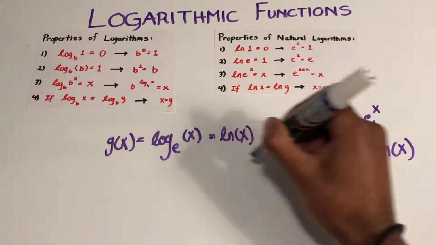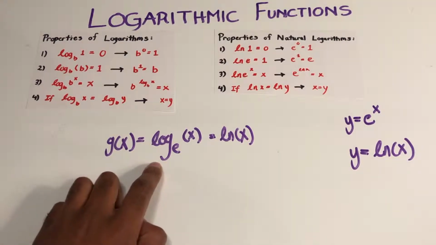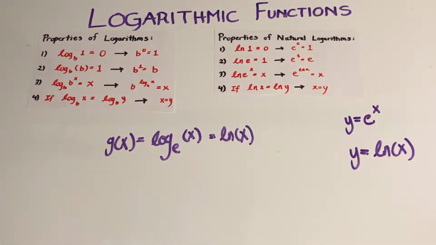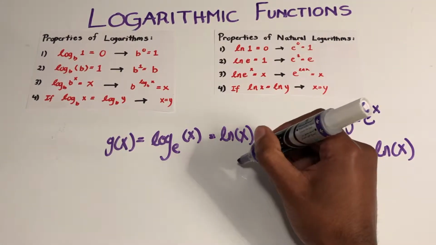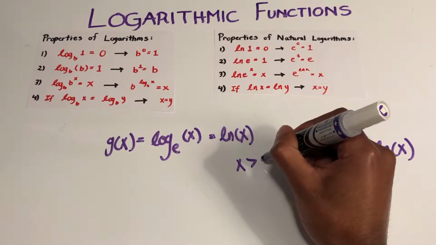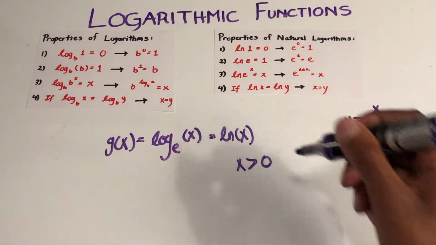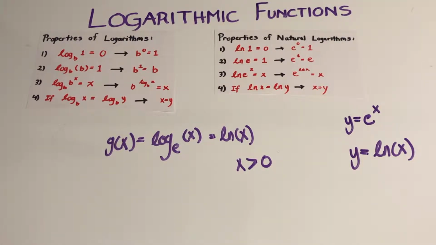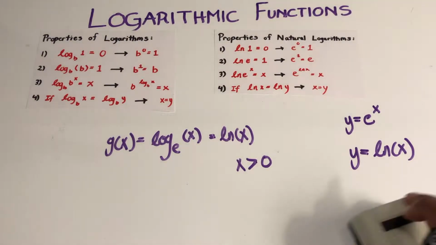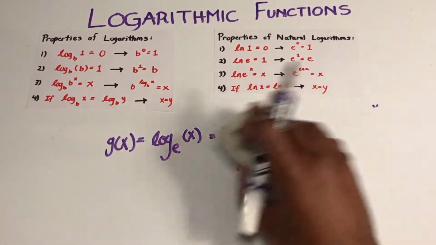If I get the log base e, I'm going to get the natural log of x, where x cannot be less than 0, or x cannot be negative. You cannot get the log of a negative number or the natural log of a negative number. Pretty important concepts to keep in mind.